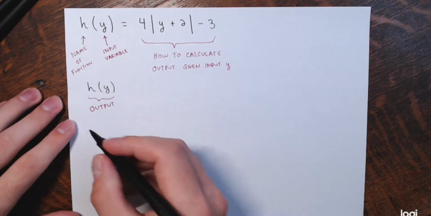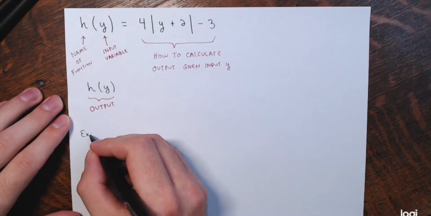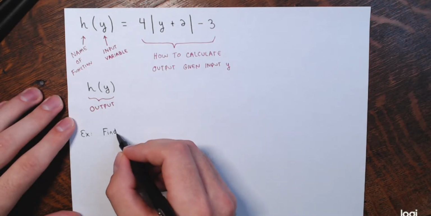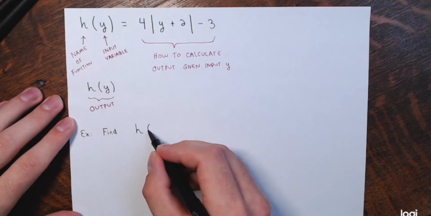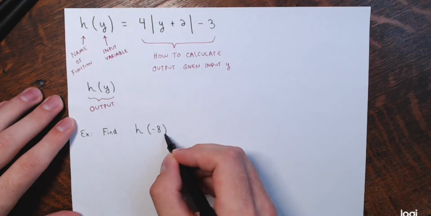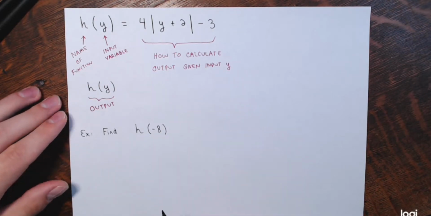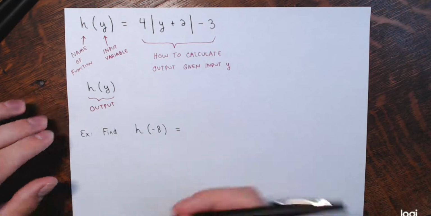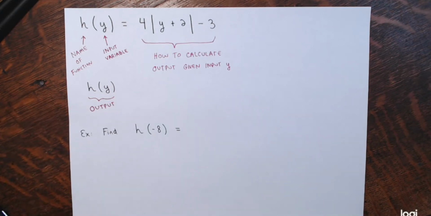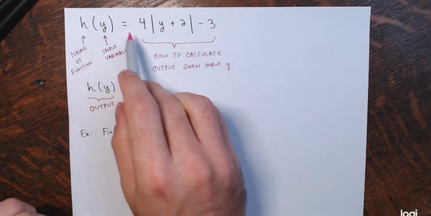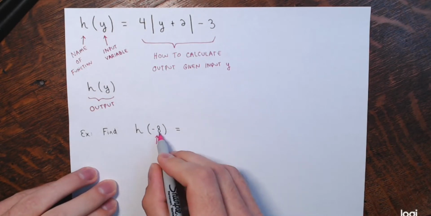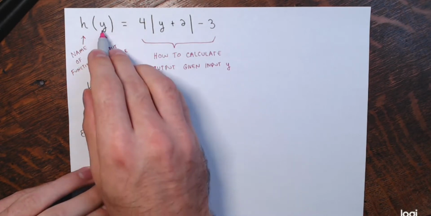All right. So for example, they're asking us in this problem to find h of negative 8. So all you're doing is going through the rule that we were given in the beginning and seeing, hey, there's negative 8 in the parentheses here. Earlier it was y.